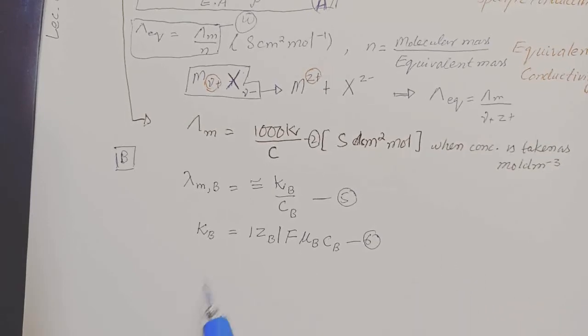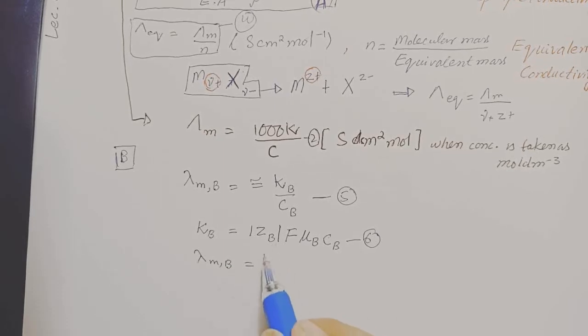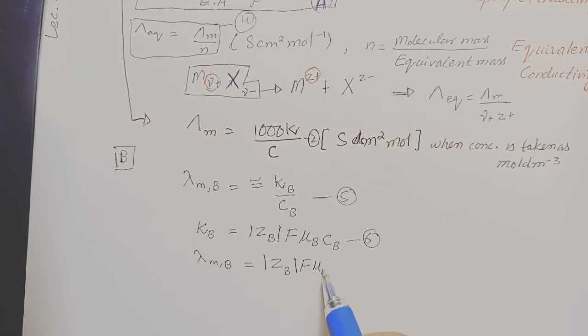So here we get the molar conductivity of ion B in terms of the mobility, which is equal to its valency times Faraday's constant times the mobility of ion B. So using equation number 7, we can calculate the molar conductivity of a specific ion, that is for B, from the mobility.